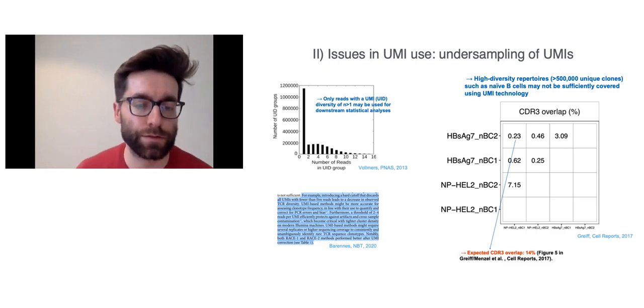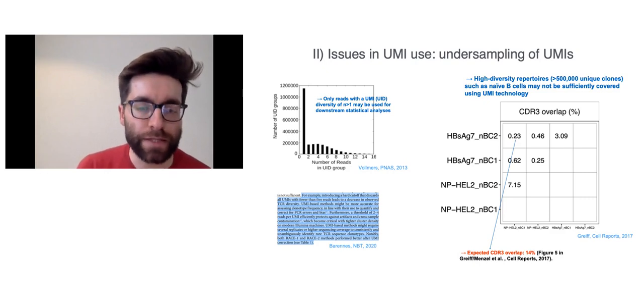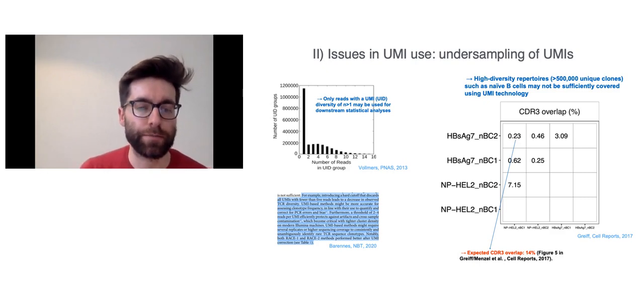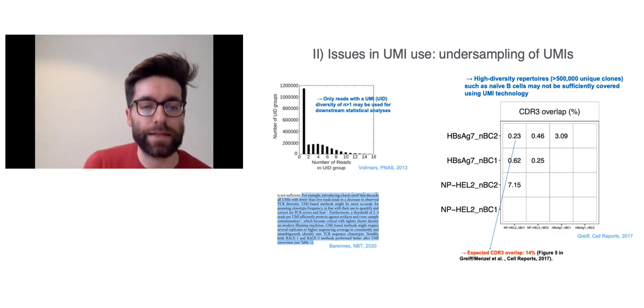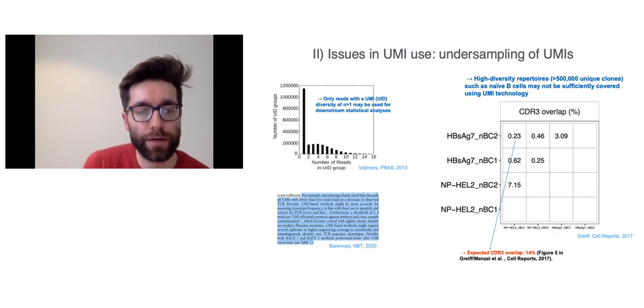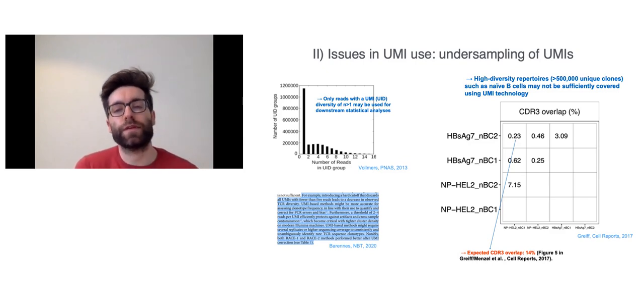And the same has also been put into words in the Nature Biotech paper, which I'm quoting on the lower left, where it stated, yes, UMI-based methods can be more accurate, but they decrease the observed TCR diversity.